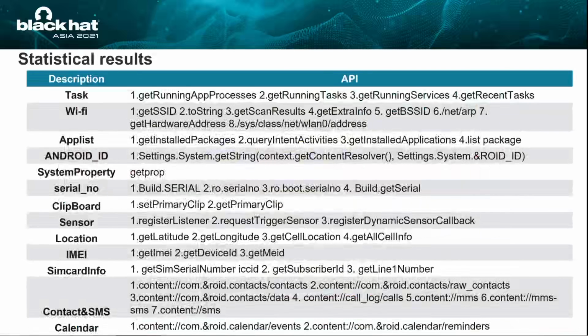In this page, we have categorized the functions related to similar senses. There are 13 types of privacy information in this table. For example, we classify BSSID, SSID, and MAC address, and so on as Wi-Fi related, and other privacy information are listed.